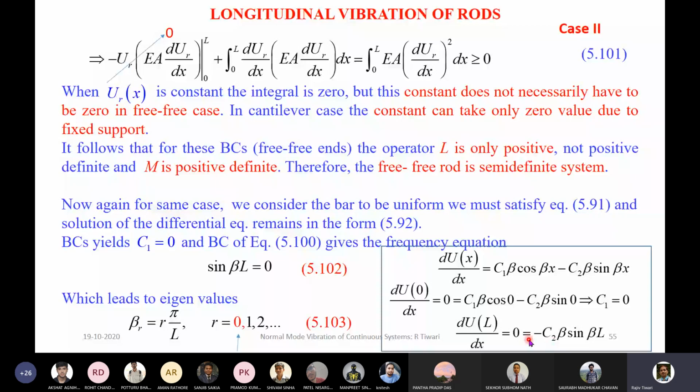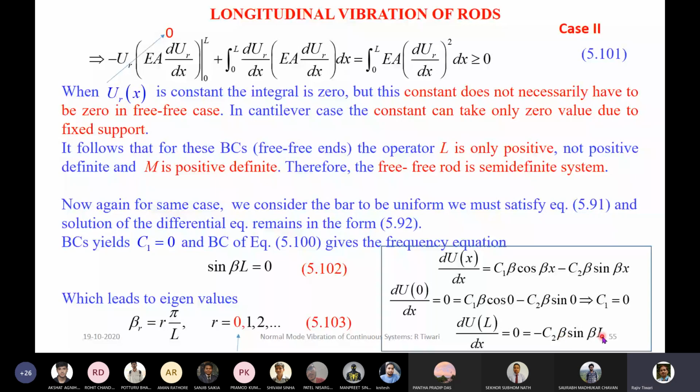Here, if C2 is 0 and C1 is 0, then there is no motion. Beta here can be 0, because we have the rigid body mode, and beta L as we had earlier.